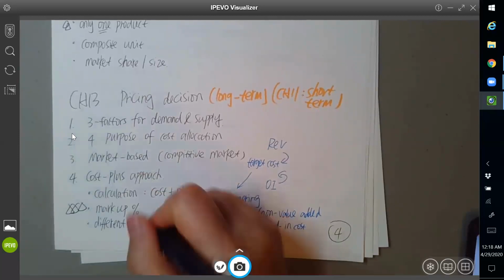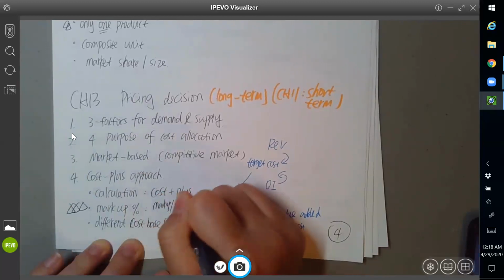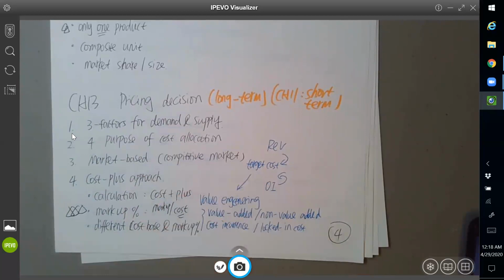Markup percentage is your markup divided by cost. It's not divided by selling price, it's divided by cost. And we also talked about if the cost base is small, you have to mark up a larger percentage. If the cost base is large, you just need to mark up a little bit. Hope you still remember that one.